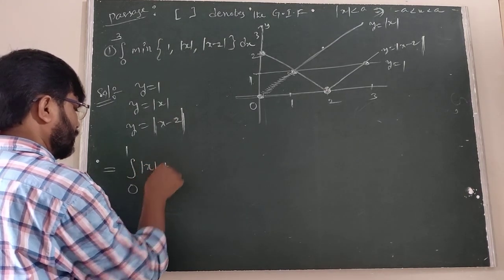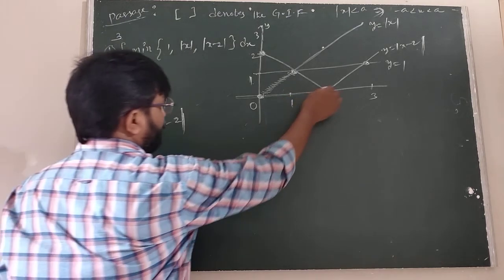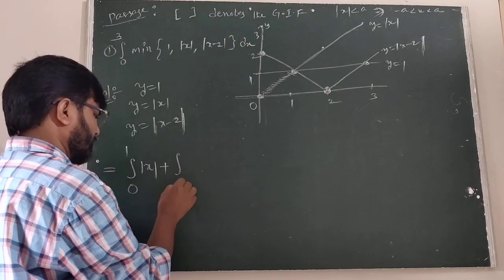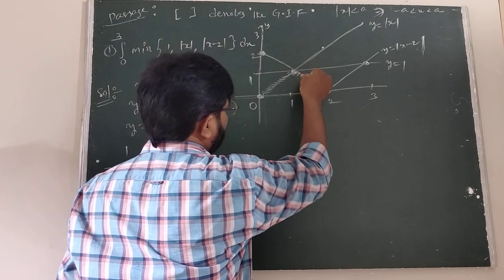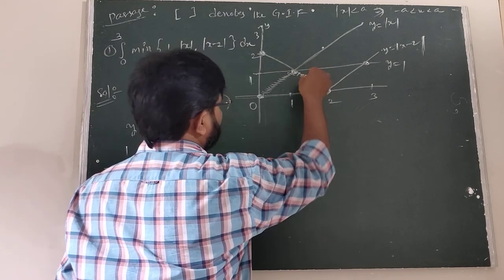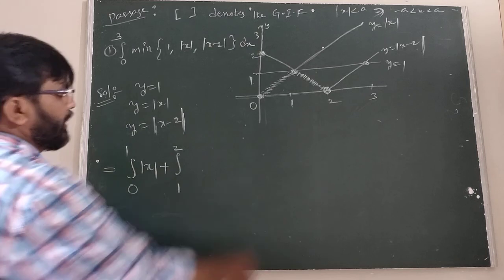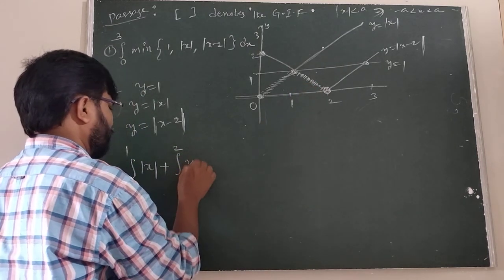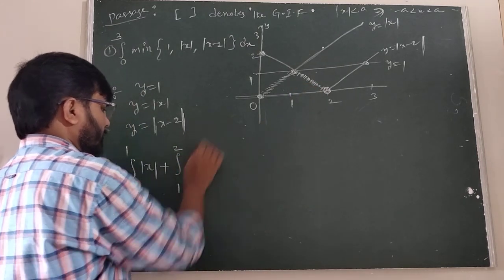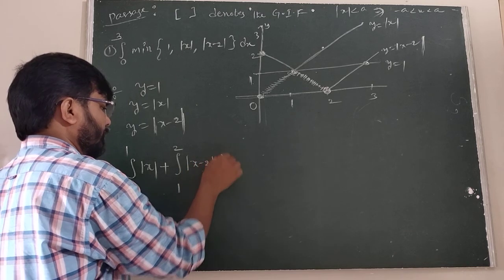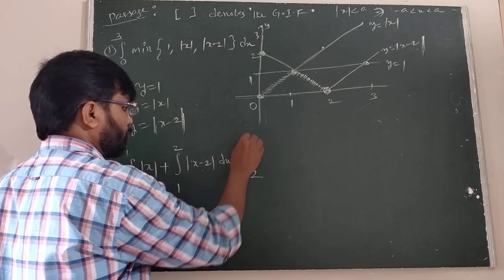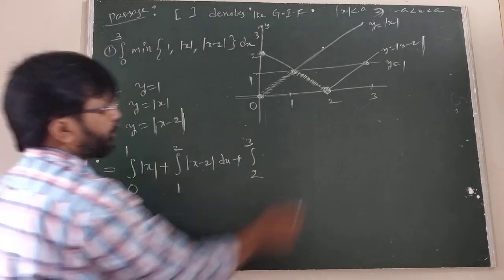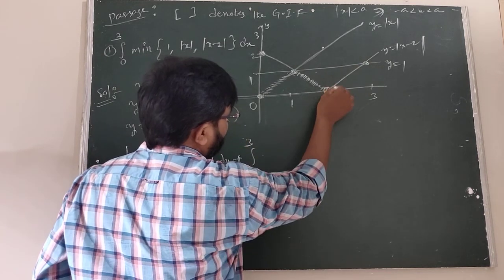After that, we are taking the region 1 to 2. When we are taking 1 to 2, here this is the minimum. What is the graph? This line is y equals to mod of x minus 2 dx. After that, we are taking 2 to 3. In the 2 to 3, the minimum is this one.